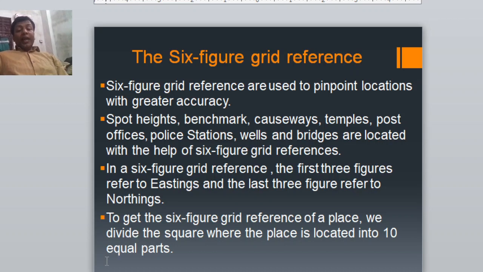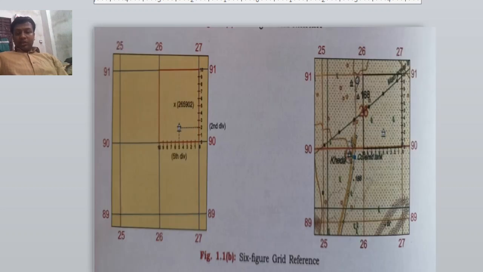Okay. To get the six-figure grid reference of a place, we divide the square where the place is located into 10 equal parts, like you have seen in this picture. You have 0, 1, 2, 3, 4, 5, 6, 7, 8, 9, 10, like that.